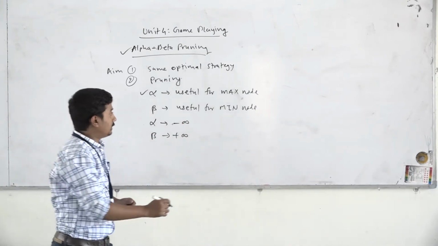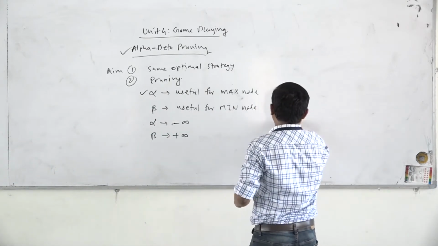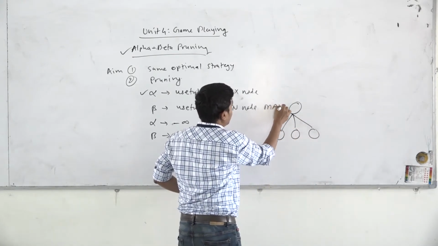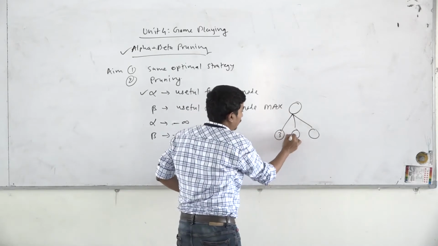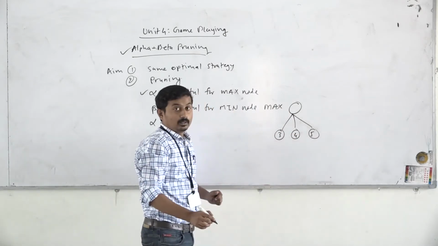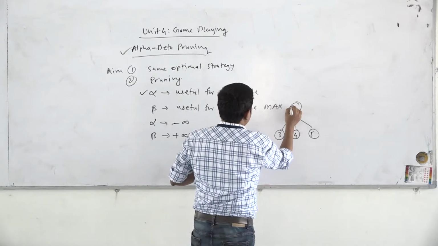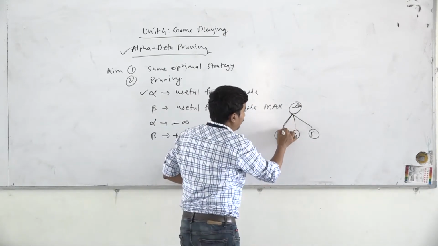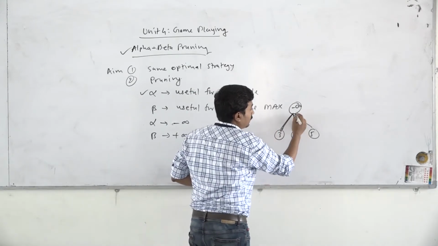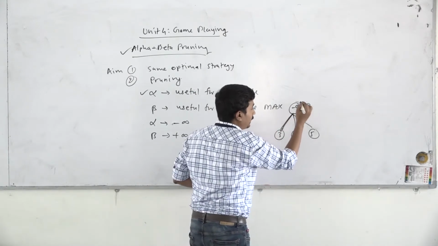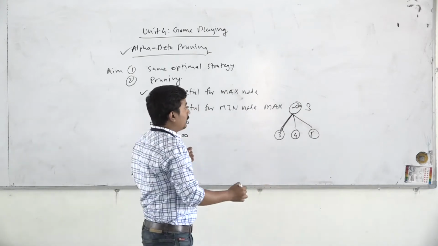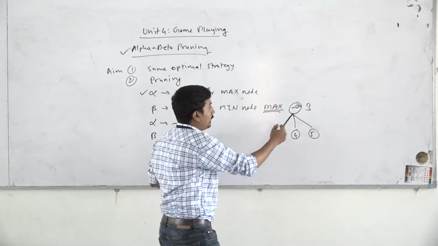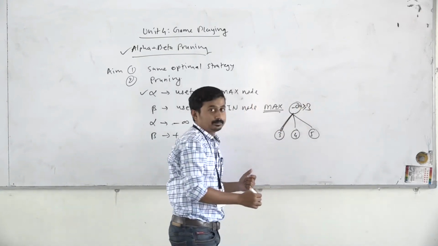Consider this example. This is a max node, and these are the options available to the max node. We initialize the max node as minus infinity. If we visit this branch, its value will be 3. The max node wants to maximize its value, so it is expecting a value greater than 3.